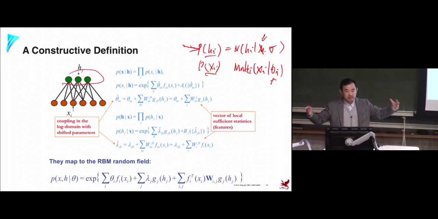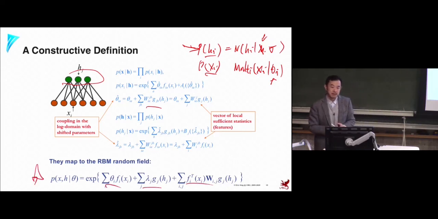Now, even though you have a big graphical model of many nodes, you can start from a very, very localistic and experience-based design for simple models, like a one-dimensional Gaussian random variable or one-dimensional multinomial random variable, and make these manipulations of shifting the value, where the shifts are computed from the inputs of the data, and get a model like this, just by combining and multiplying them together, and get a complex model.